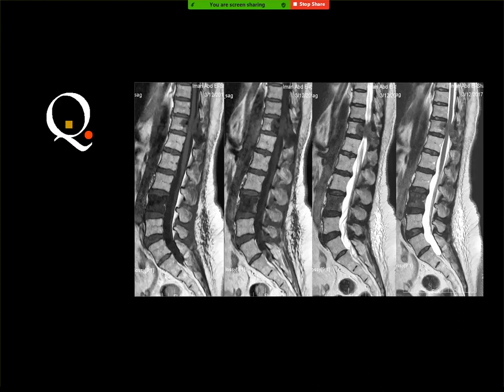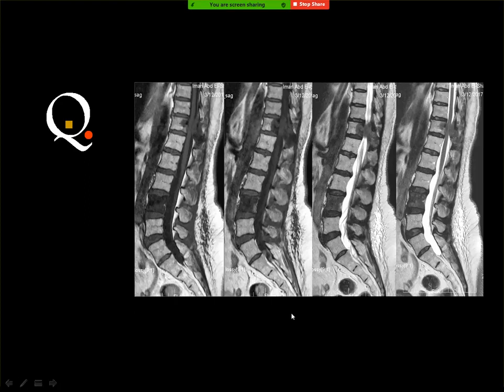Secondary disguise? At what level? Metastasis, I think. Metastasis, with bone involvement. Okay. Then you got multiple lesions, and this lesion at L3, and there is another lesion at D12, associated with epidural soft tissue.